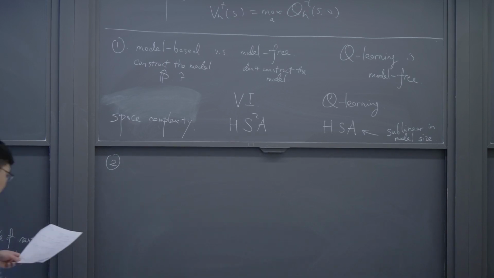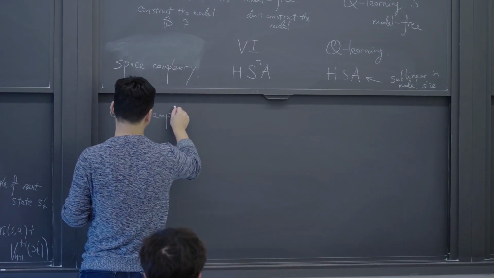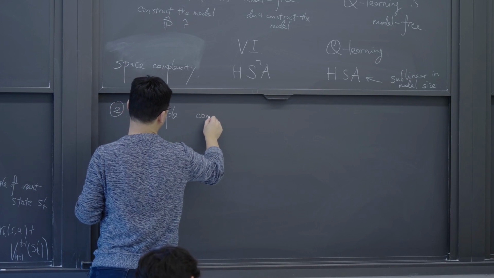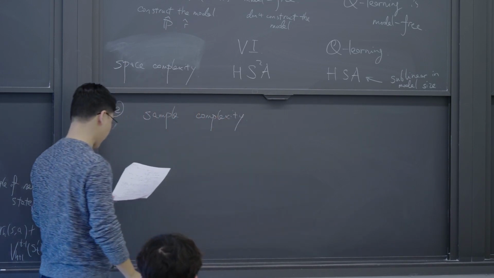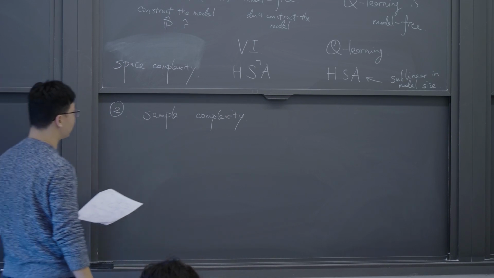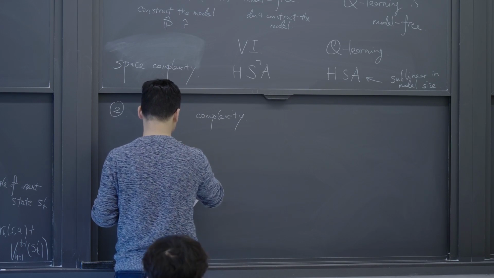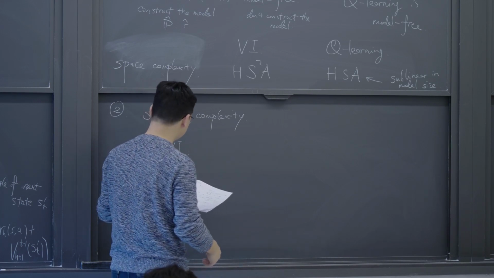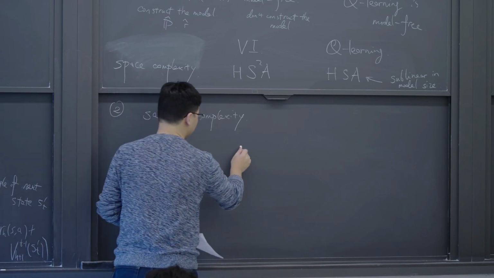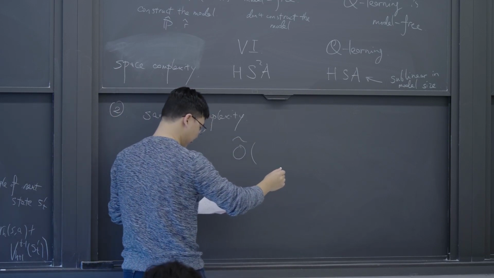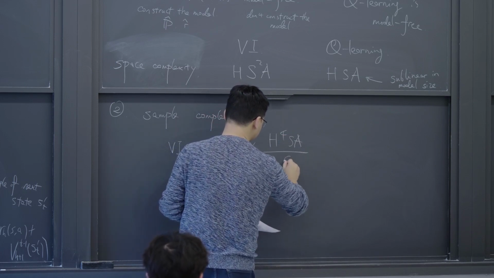The second point I want to comment on is the sample complexity of Q-learning and VI. In terms of value iteration, we already talked about the sample complexity in the last lecture, which is O tilde of H to the fourth SA over epsilon squared.